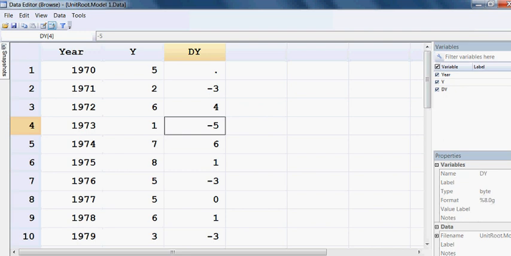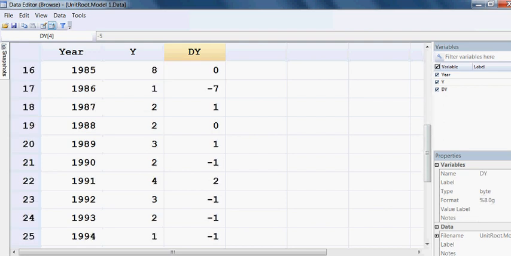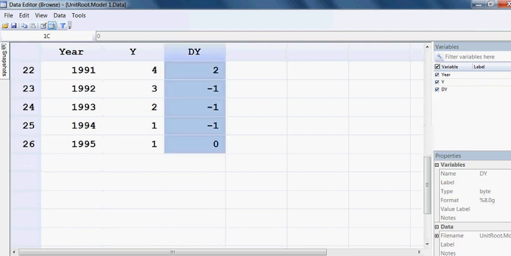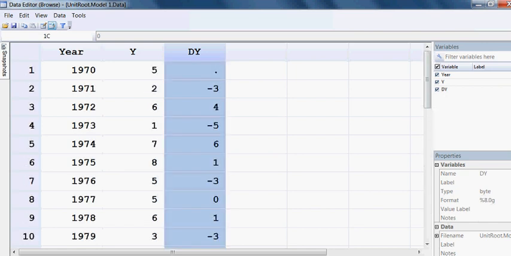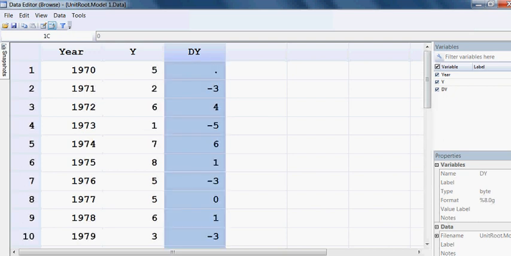So in this way I have got all the numbers, and I shall also be checking whether this dy variable has unit root or not.